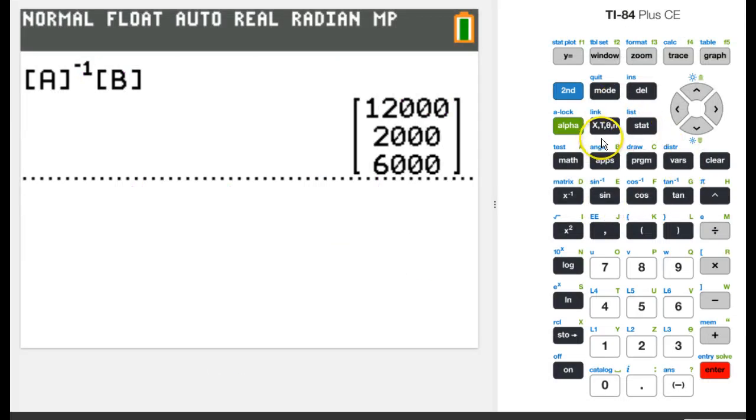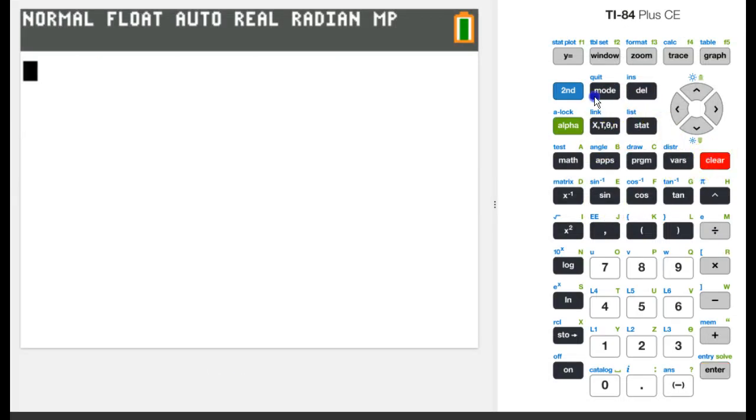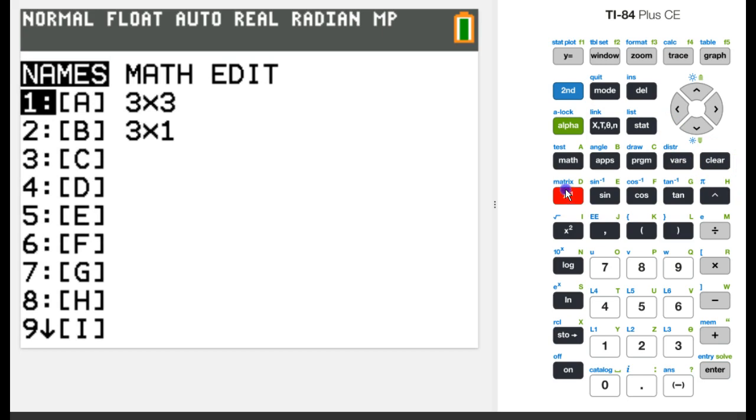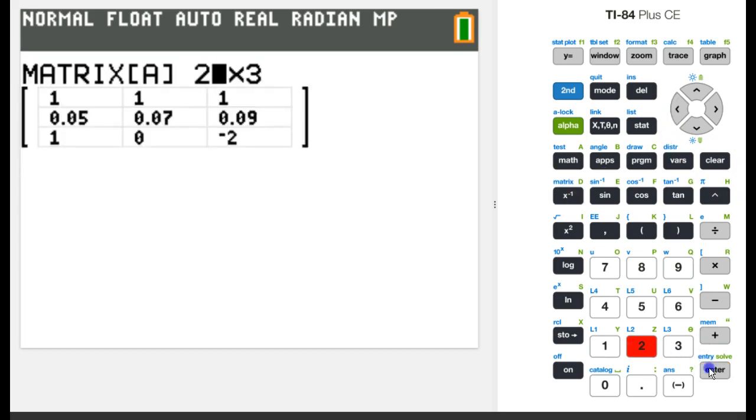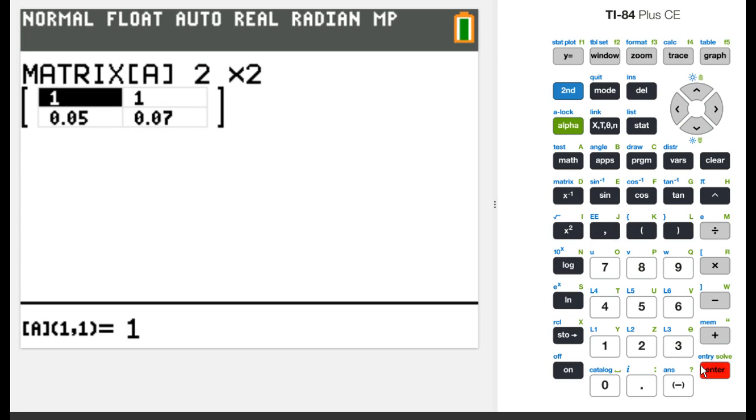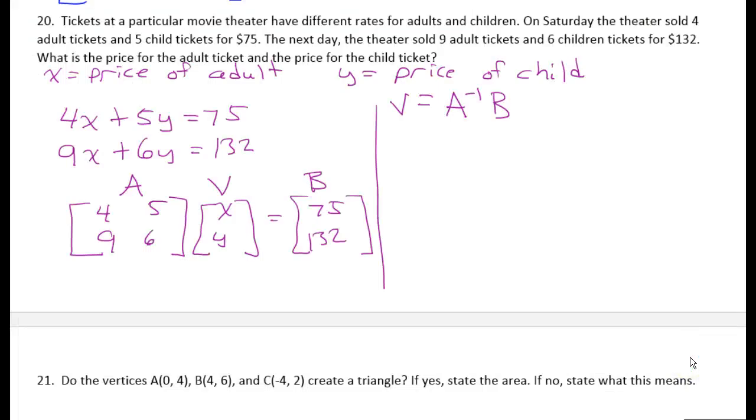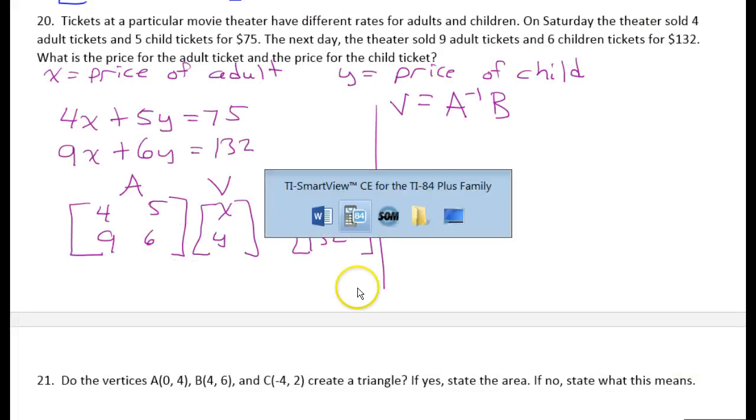Alright, let's start by clearing this mess out real quick. Let's go to the matrix area. Let's go over to edit, editing matrix A. A is a 2 by 2 matrix, so we'll just fix that. 4, 5, 9, 6.